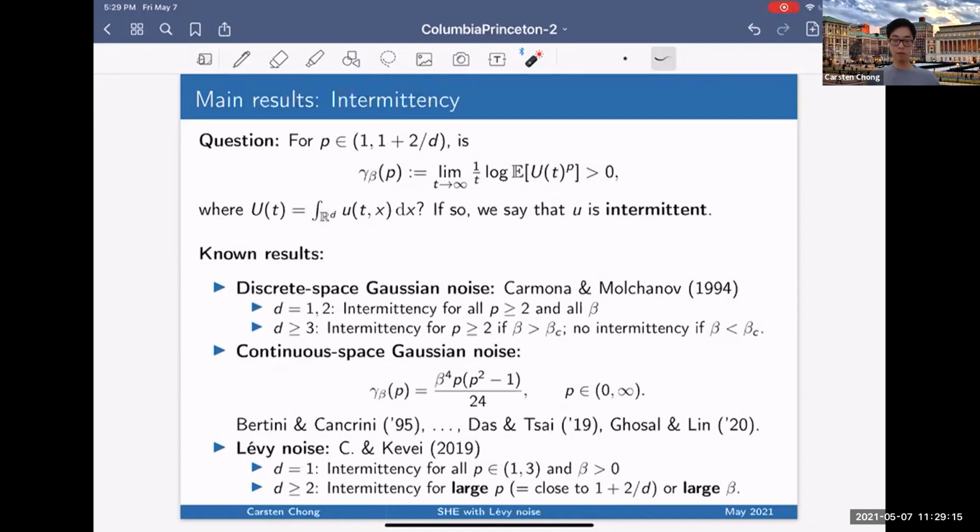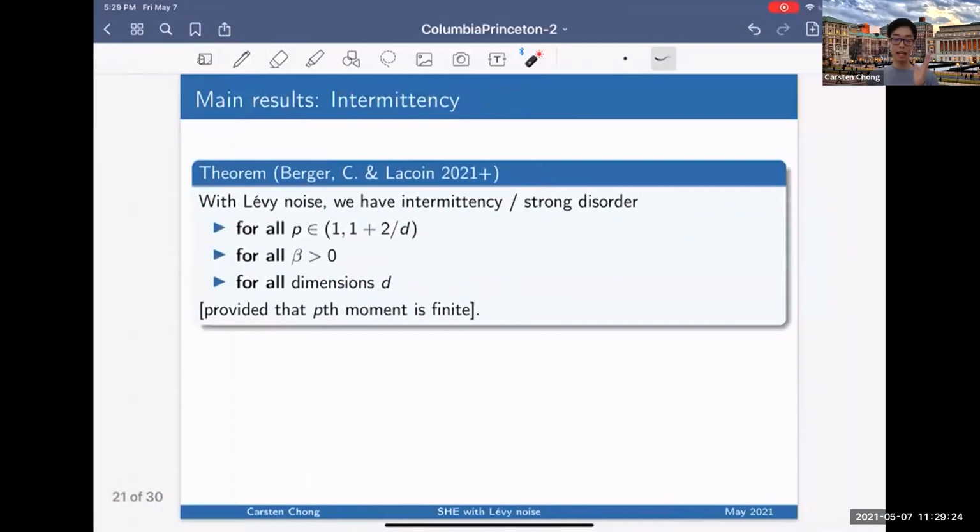The novelty of this work with Berger and Lacroix is the following result. If there's one thing that I want you to remember from this talk, it's this. The take-home message is that with Lévy noise, we have intermittency for all p, for all beta, for all dimensions.